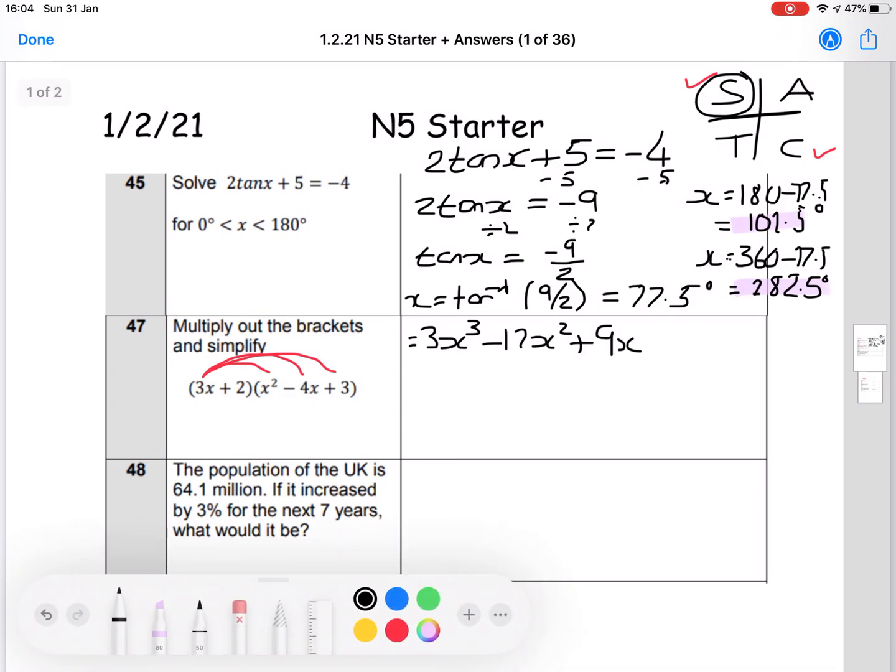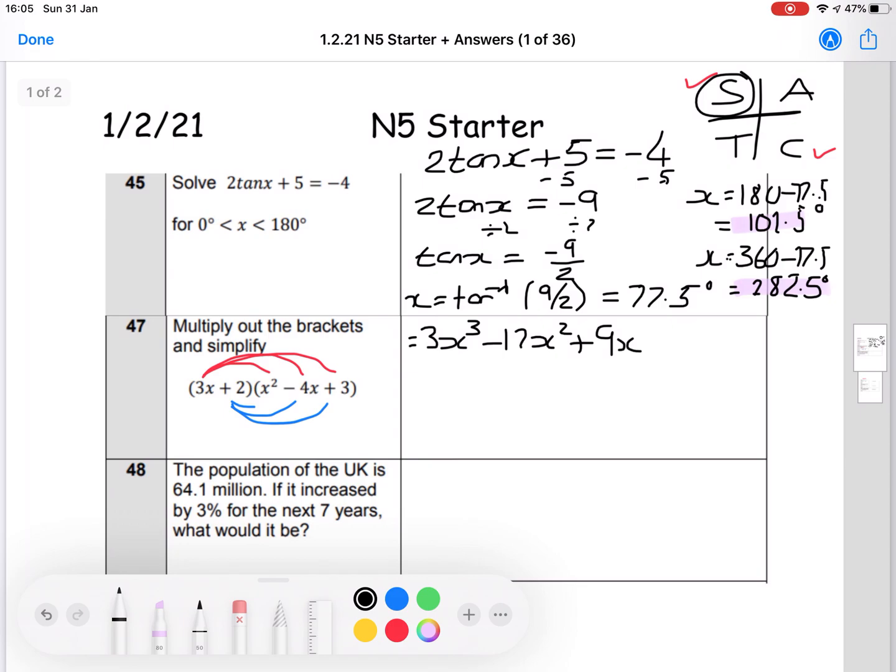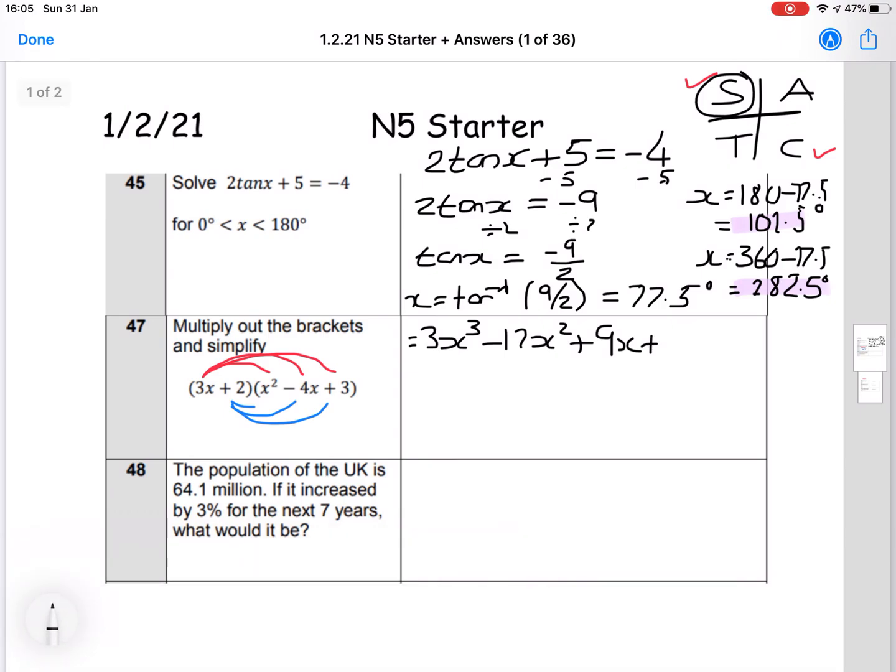Then we're going to do the 2 times each of these terms. So 2 times x squared will be 2x squared. The 2 times the -4x will be -8x. And then 2 times 3 for 6 at the end. And then all we have to do is tidy this up. So we have our 3x cubed.